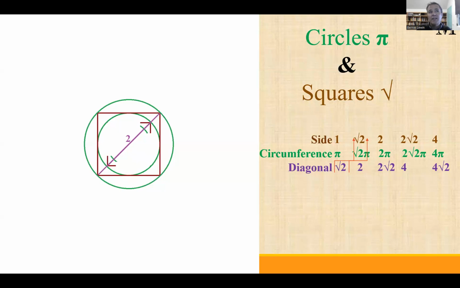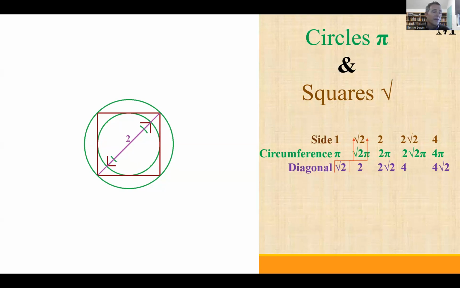So if we have a look here in this stage of the diagram, we can see for the outer circle, the diameter of 2 of the circle relates to the diagonal of the square. Okay, and we'll remember pi is the ratio of the diameter of the circle to its circumference.